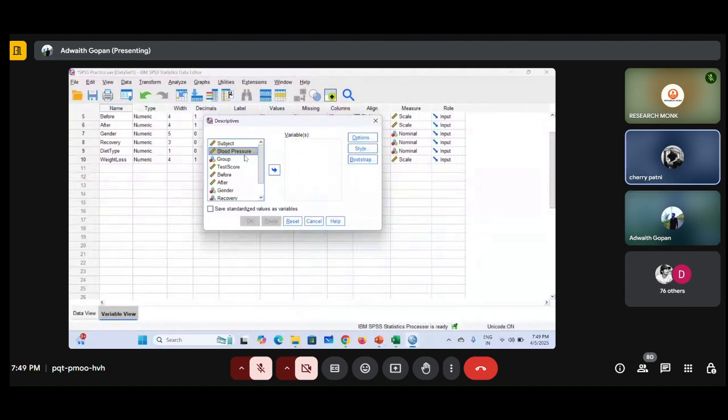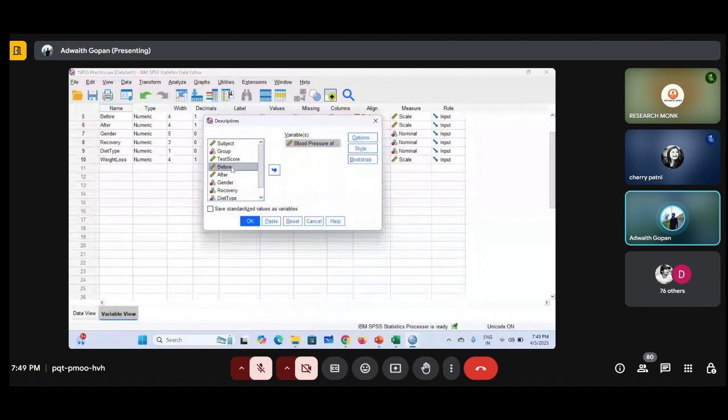Then select all the scale variables except the subject. We don't need to know the descriptives of subject. Select blood pressure before, after, test score, and weight loss. All the scale variables.